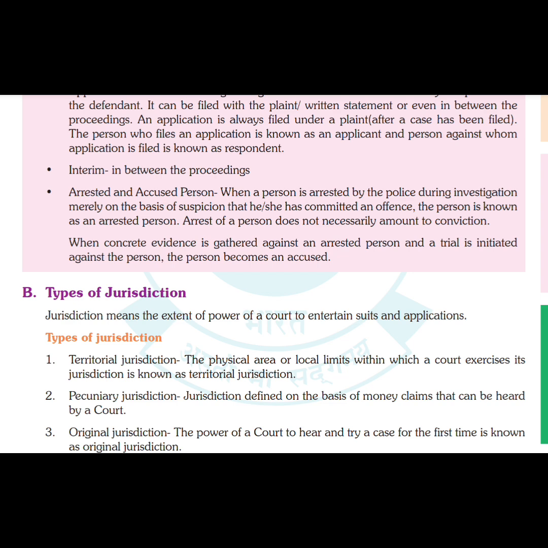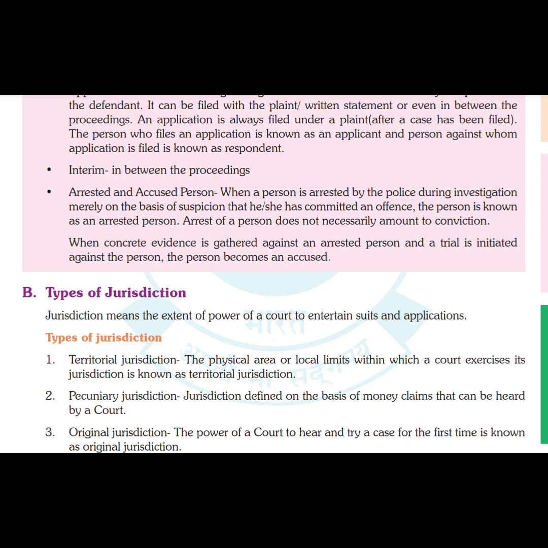It may happen that during or after interrogation it is found that he has actually committed it, or he has not, because he was arrested on the basis of suspicion. So suspicion may result in something positive or negative. If it is positive, that means he has committed it. If it is negative, then he has not committed it, and he is not an accused person, or he is acquitted, right?